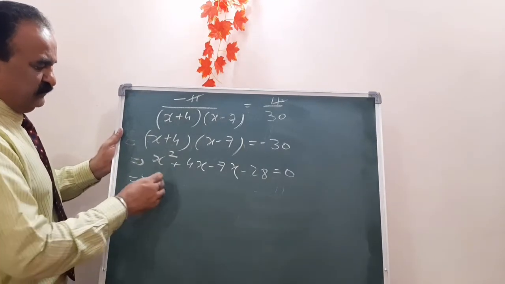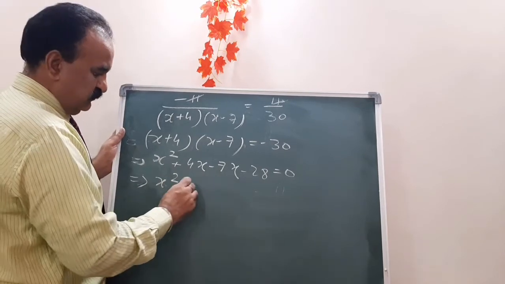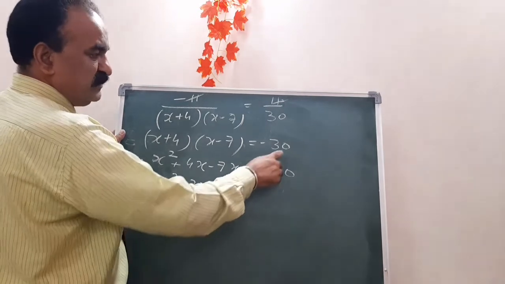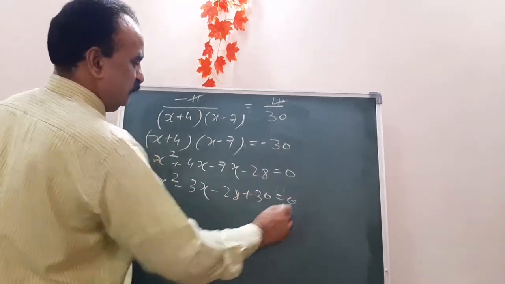Simplifying, x square, 4x minus 7x, minus 3x, minus 28. Transfer minus 30 to this side, so it becomes plus 30 equal to 0.